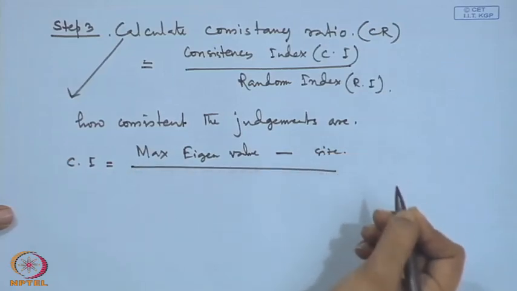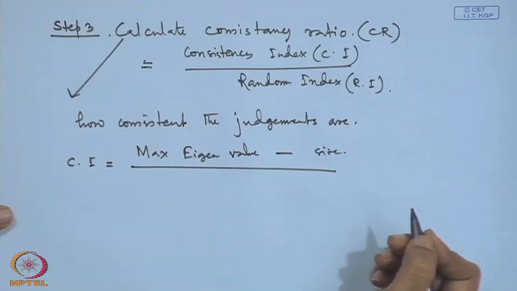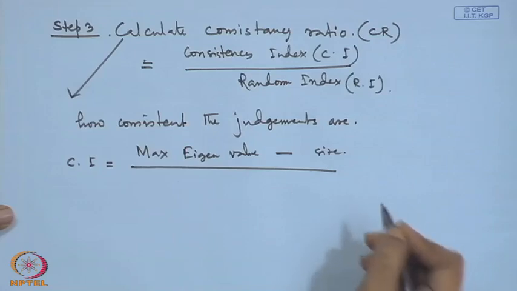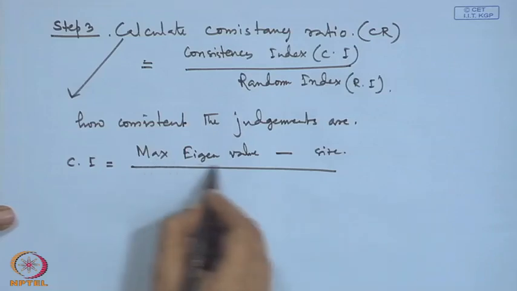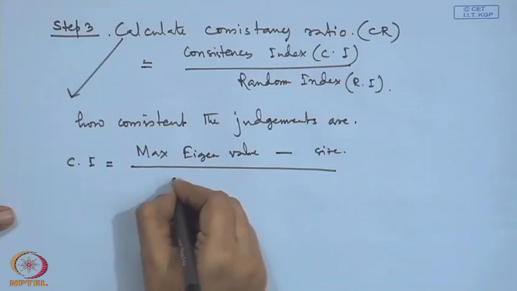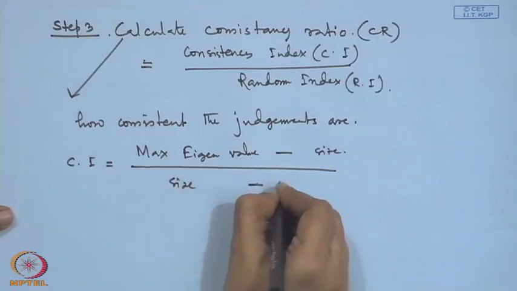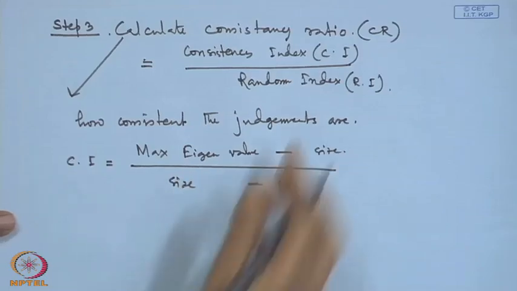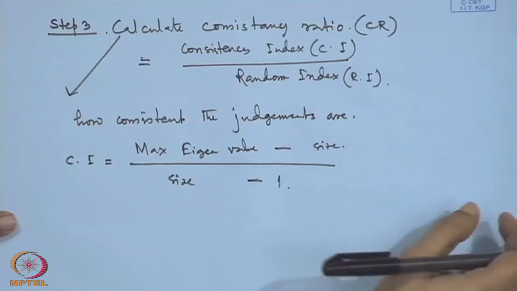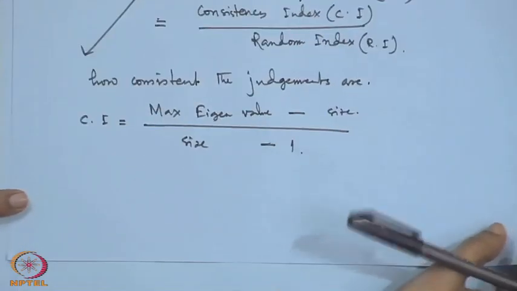Here it is a 3 by 3 matrix. Always the matrix is a square matrix because we are considering the pairwise comparison, and divided by size minus 1, and the random index has been empirically studied by Professor Saaty, and accordingly it has been scaled in this way.